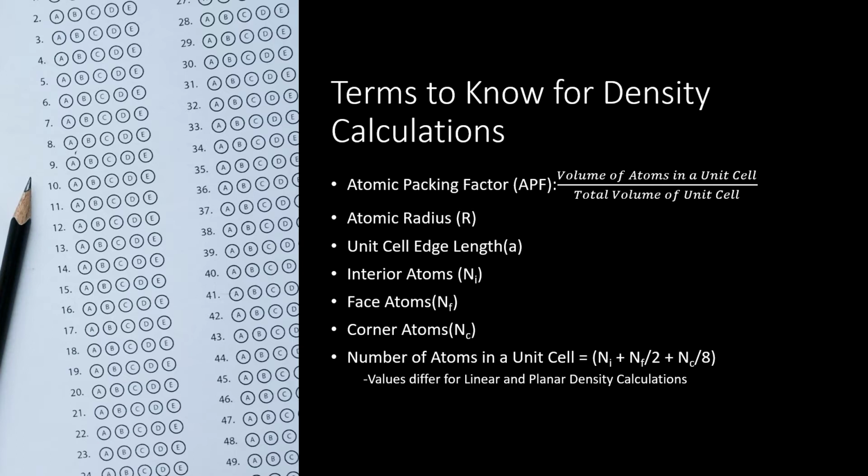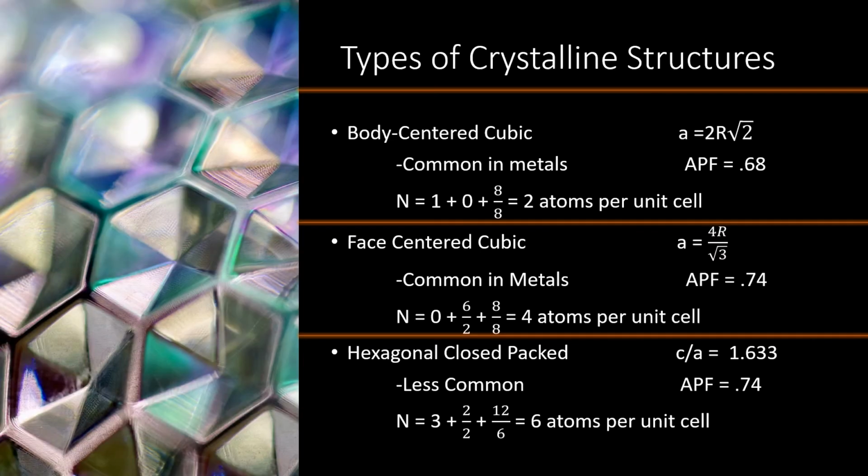Then for other calculations, you'll want to know the atomic radius, which is the radius of each atom, the unit cell edge length, which you can use to calculate the densities and volume, and interior atoms, face atoms, and corner atoms, which you can see used in the equation below, which is used only for volume. The values will differ if you're calculating linear and planar densities, which we'll get into.